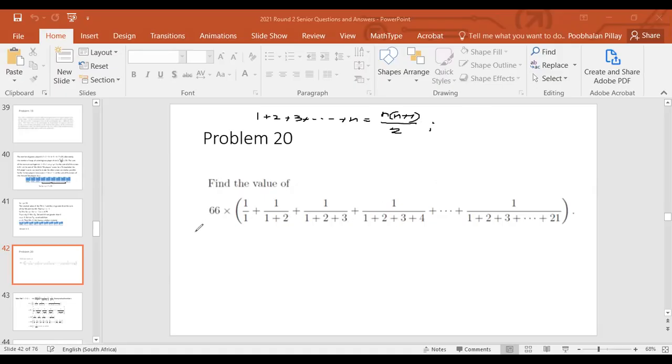So what happens here is you have 66 times. 1 over 1 is already easy, but I just want to get the formula right. It's 1 over 1 times 2 over 2.